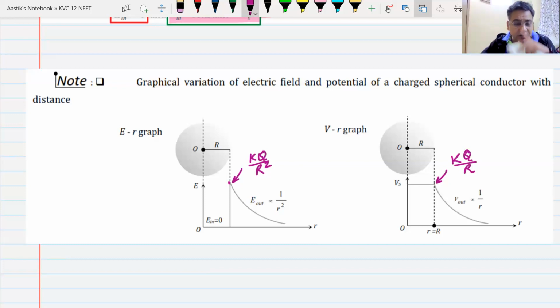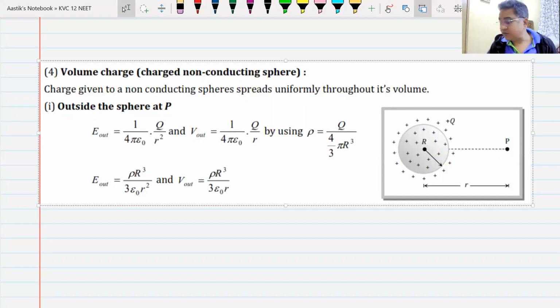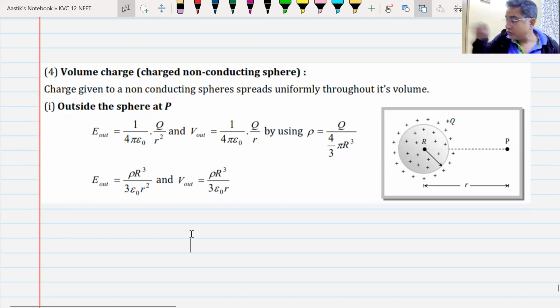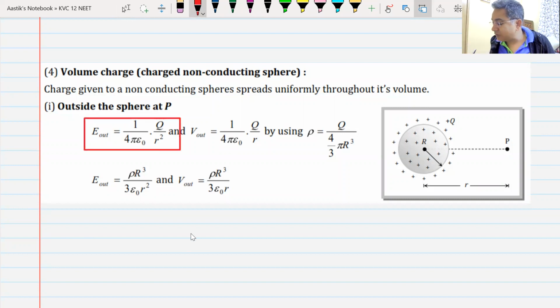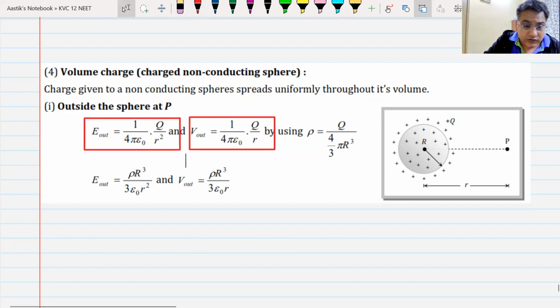Then comes the formula of the non-conducting sphere. At an outside point, you know that this is the same as the electric field due to a conducting sphere, or the electric field or electric potential due to a point charge. So nothing changes when we are talking about outside points or points on the surface.